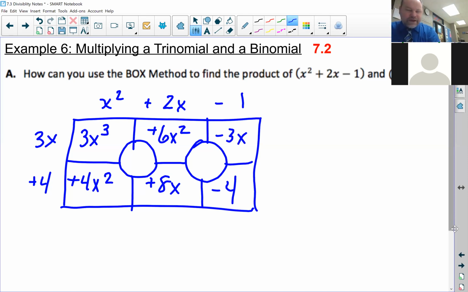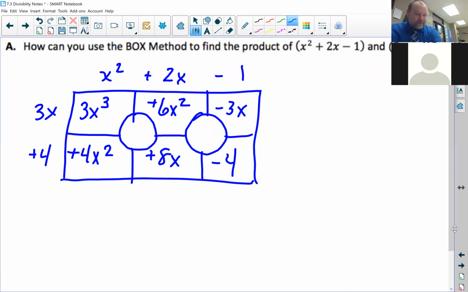The reason I like the box method, if I do it with my trinomial on the top and my binomial on the side, and I have like terms, they're going to line up on opposite sides of that circle. 4x squared plus 6x squared is a total of 10x squared. 8x minus 3x is positive 5x.